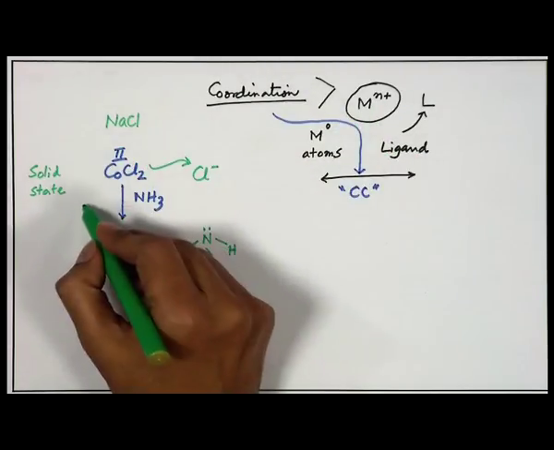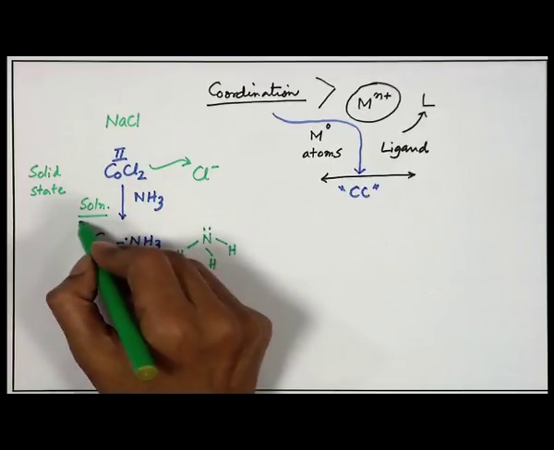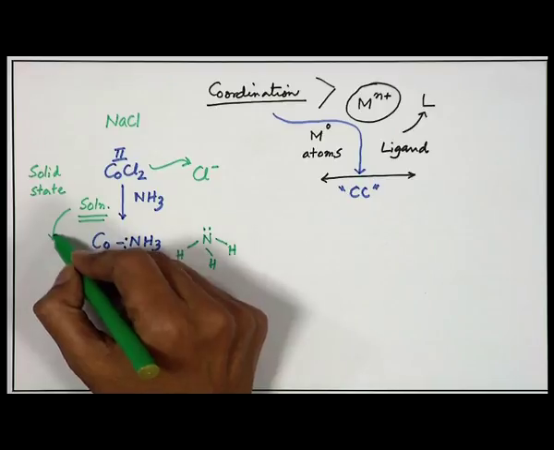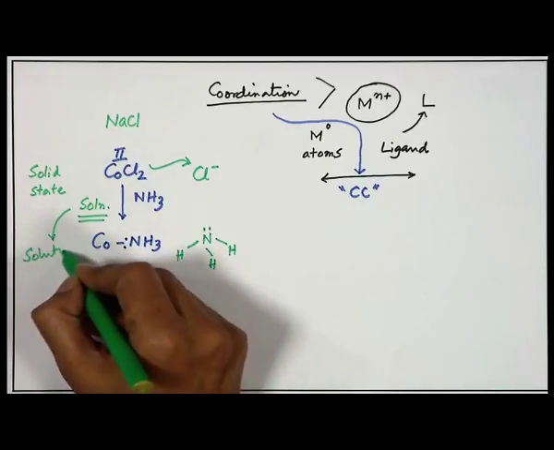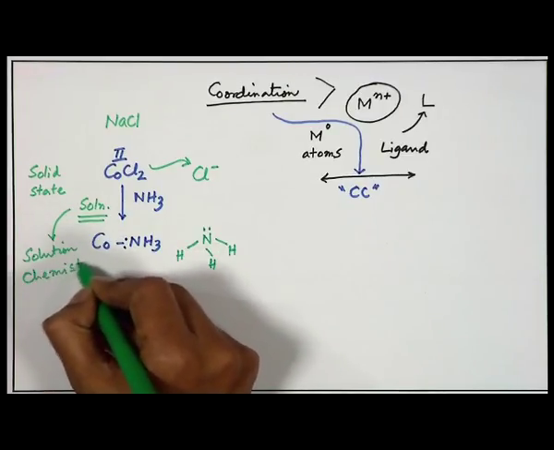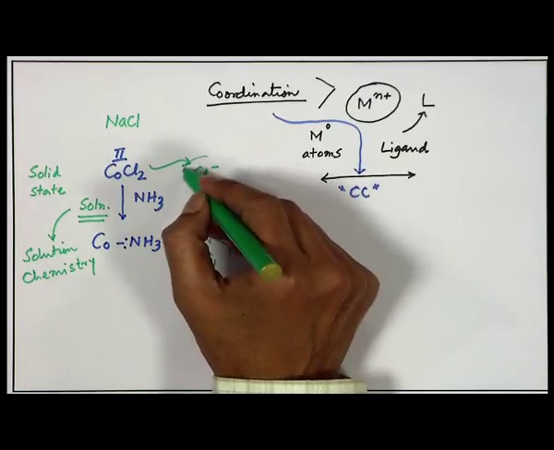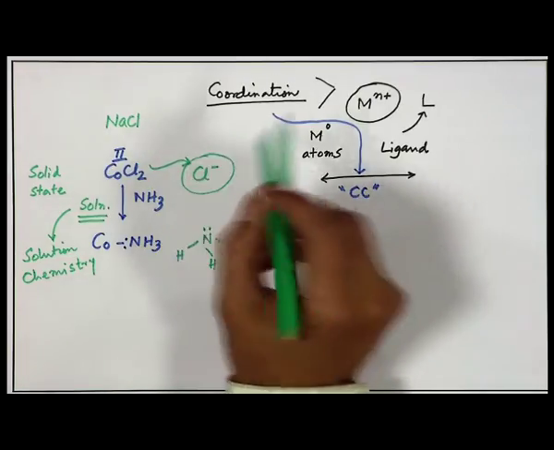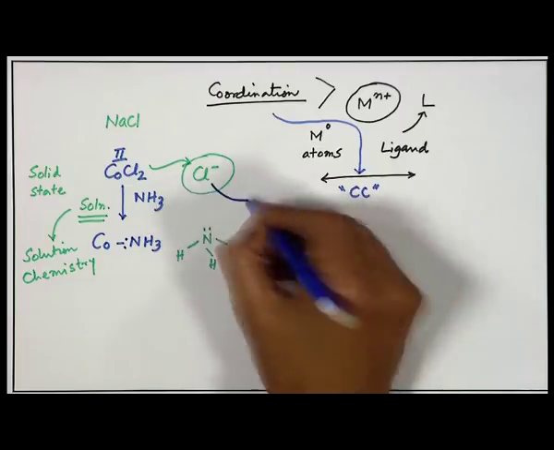When we come to the solution, this is a very good example to study some interaction for knowing the solution chemistry. Solution chemistry for all these will be very informative in terms of the corresponding availability of these chlorides, because these chloride ions will also be available to us as the same ligand.